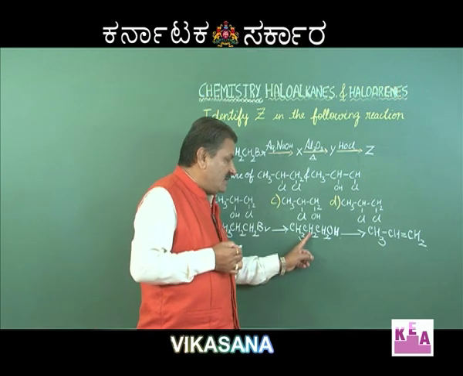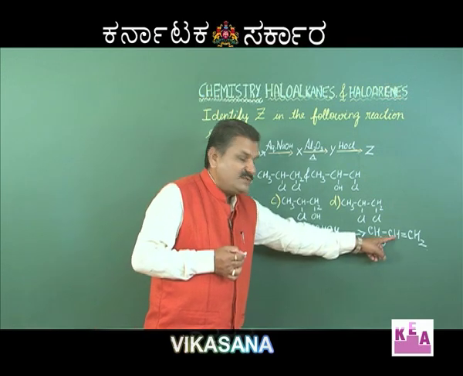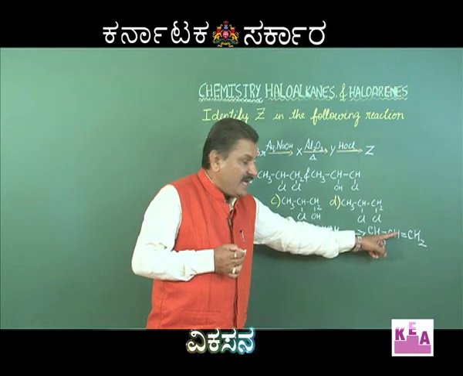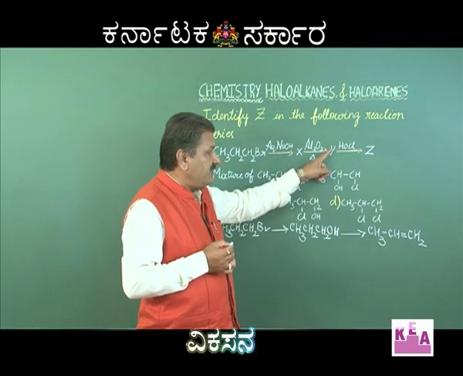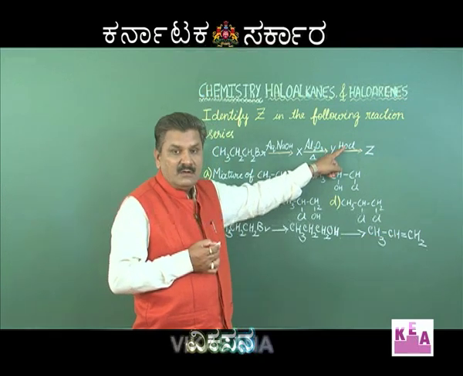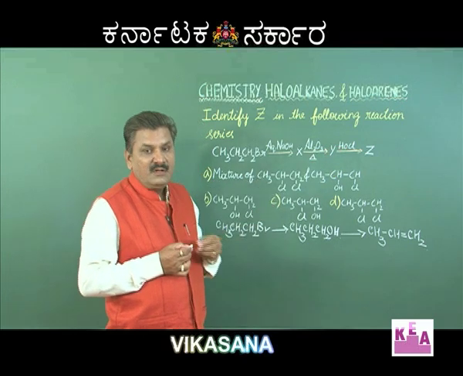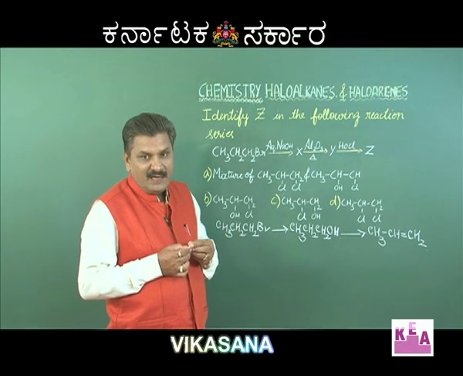So, dehydration of this alcohol gives alkene, and we know that alkenes readily undergo addition reaction with HOCl.